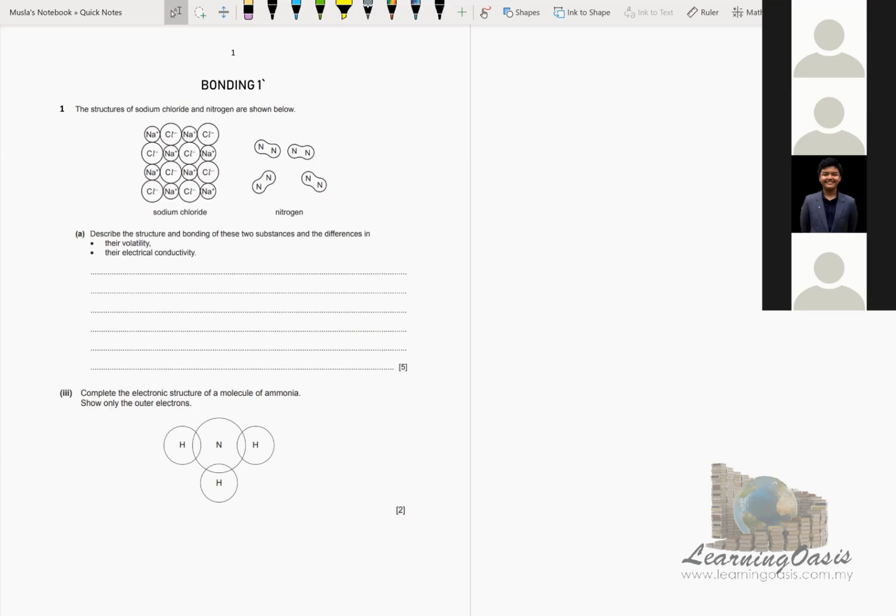Sodium loses 1 electron, while chlorine gains 1 electron to achieve stability. Therefore, it is strong and requires high energy to break the bonds, and has a high boiling point and melting point. Nitrogen molecules are held by weak van der Waals forces, so it requires less energy, so less melting point and less boiling point.